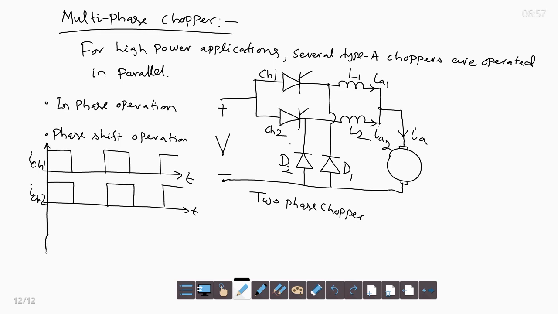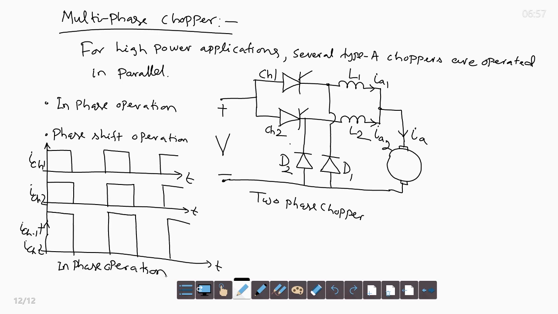So the resultant current is the sum of these two, the total current I_CH1 plus I_CH2 in phase operation. In phase shift operation, the two currents in different phases are phase shifted like this.